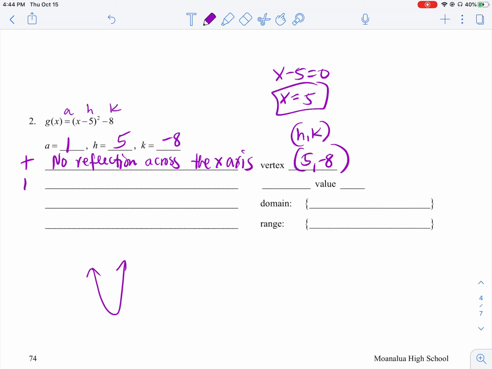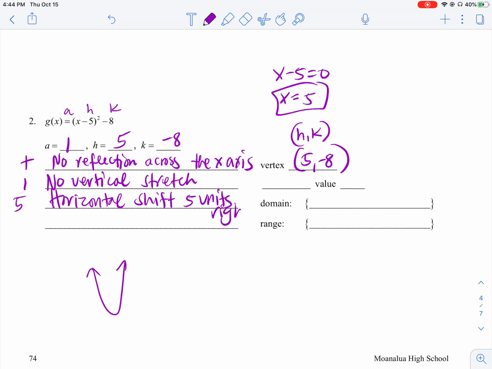The value of A is positive 1, so it's no vertical stretch. And then my H is 5, so I will have a horizontal shift 5 units right.